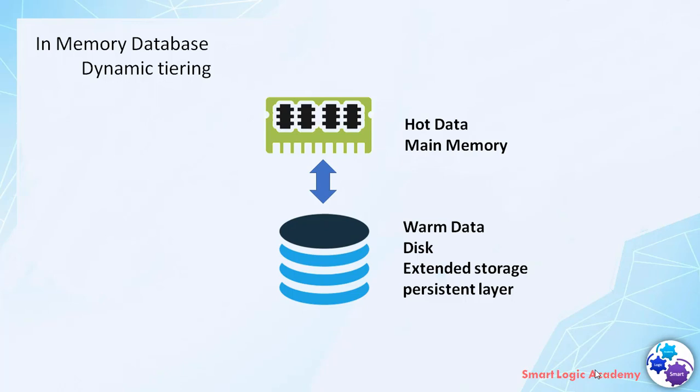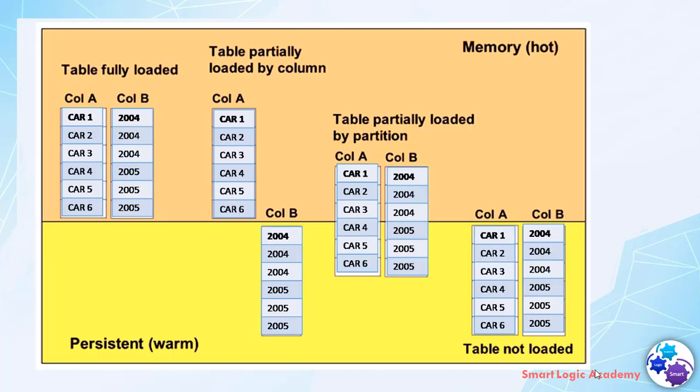Any data that can be accessed by any application always comes from main memory. This means that if a table is sitting in the persistent layer, the moment it is needed, the table is automatically loaded to the main memory and it becomes hot data. SAP HANA handles the conversion of warm data into hot data very intelligently.